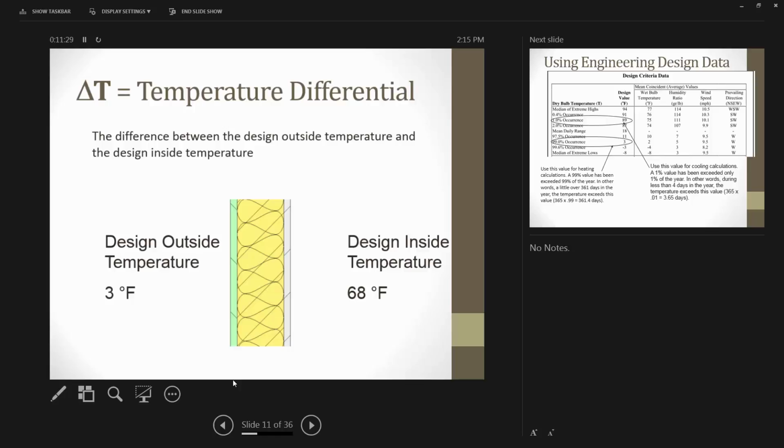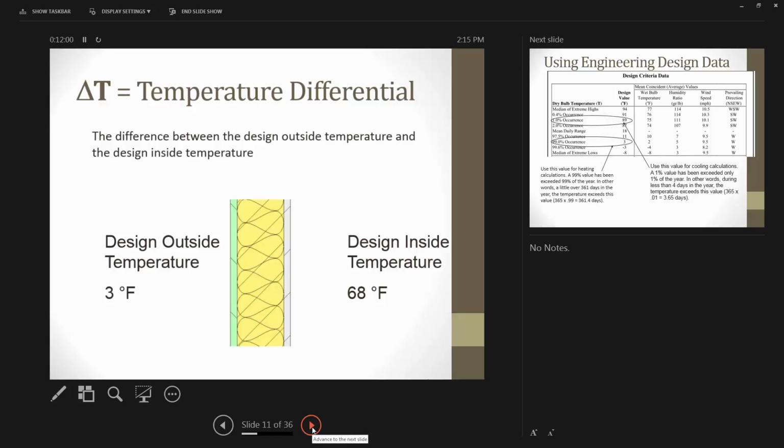When we do this in a heat loss calculation, whether it's a Manual J or HVAC calc or Elite or whatever program it is, we have what's called design data, and the design data is climate specific, it's location specific, and it's a given number based on the averages of temperatures for that specific area.